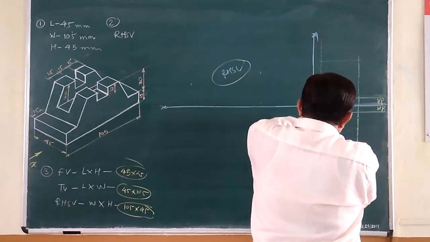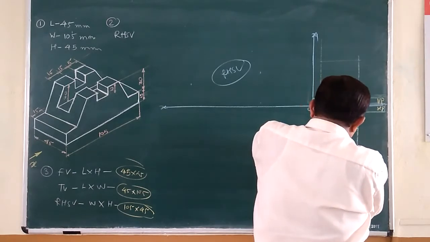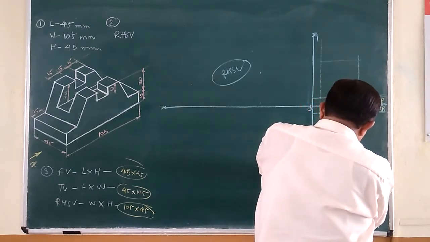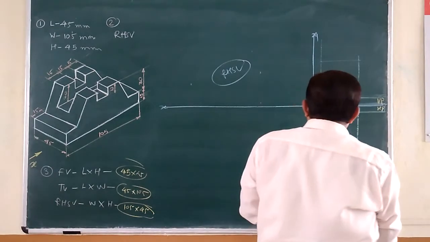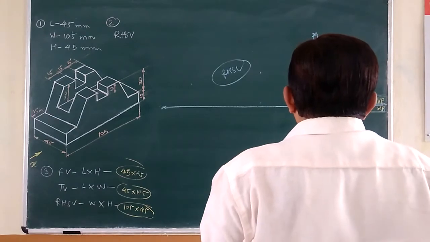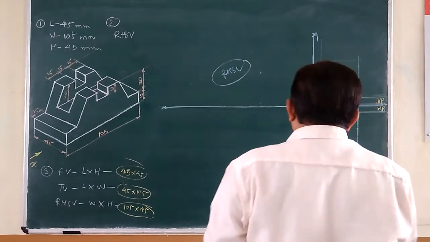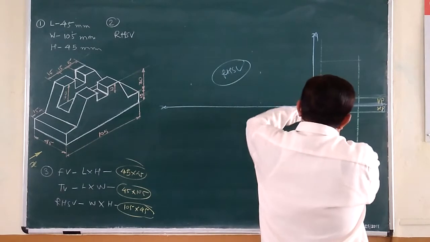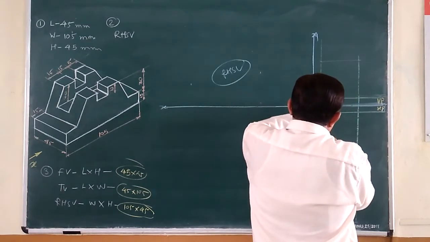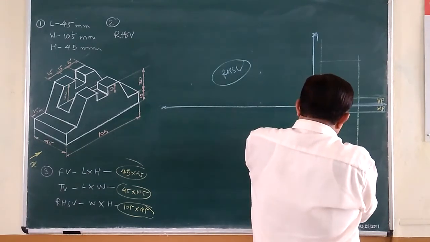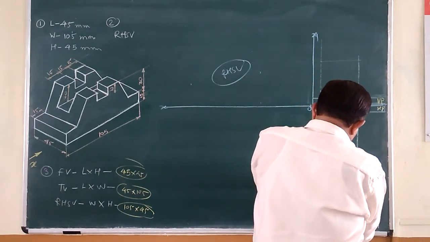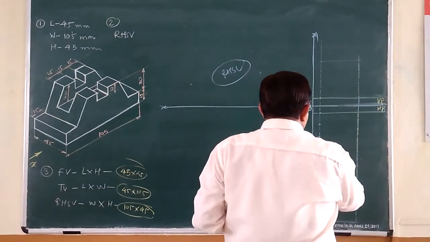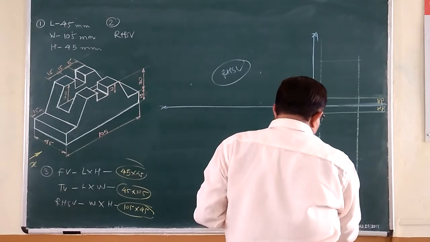1, 2, 3, 4, 5, 6, 7. 105. Okay, 7 times: 15, 15, 15, 15, 15, 15, 15. 1, 2, 3, 4, 5, 6, and 7.